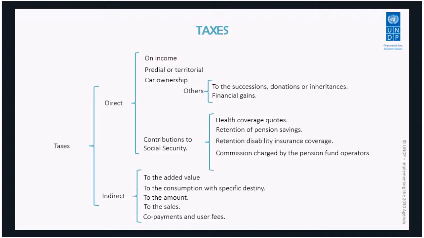So in several countries, for instance, in Mexico, some time ago, if you owned a car, you had to pay a tax depending on the model and the value of the vehicle. You had to pay a tax every year, right?